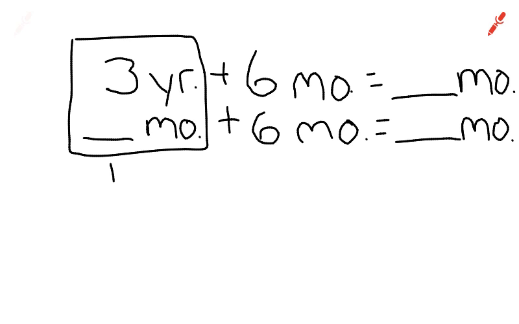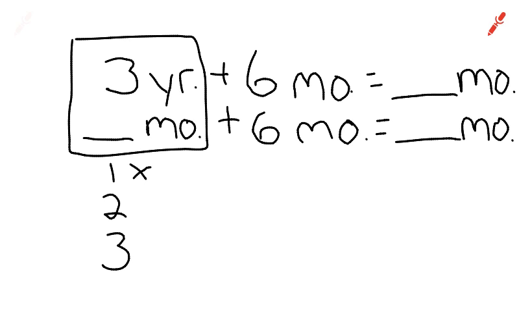Now we write our 1, 2, 3. And with your hands, you're asking yourself, are we going from larger to smaller, years to months, or are we going smaller to larger? When we go from years to months, we are going larger to smaller. That means we are going to multiply.